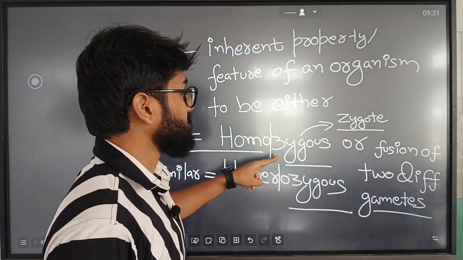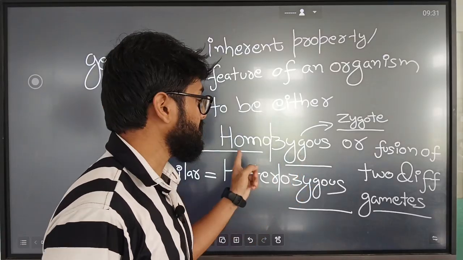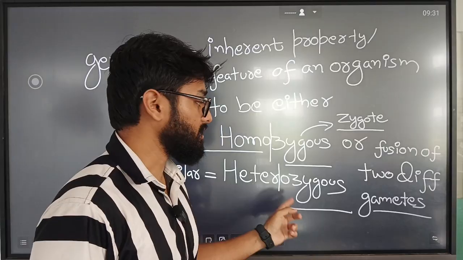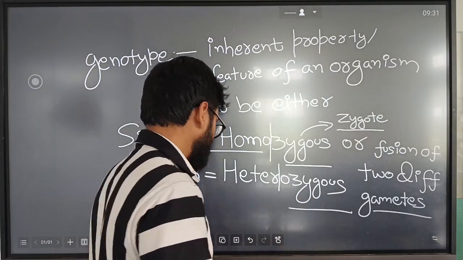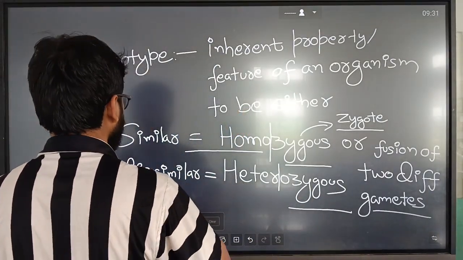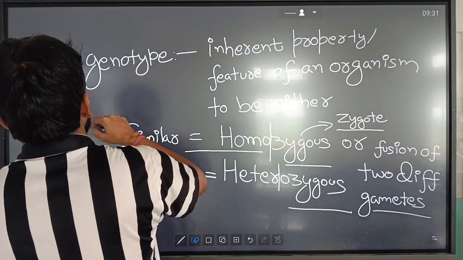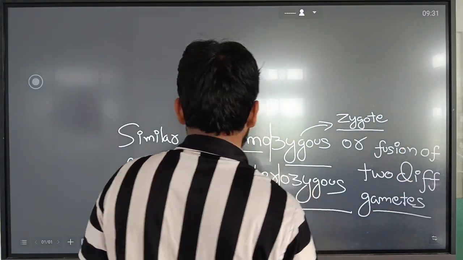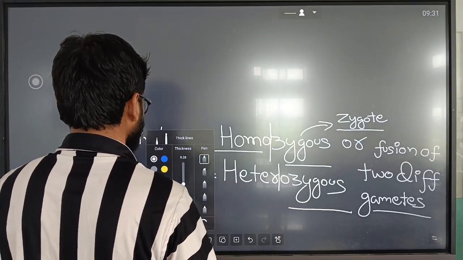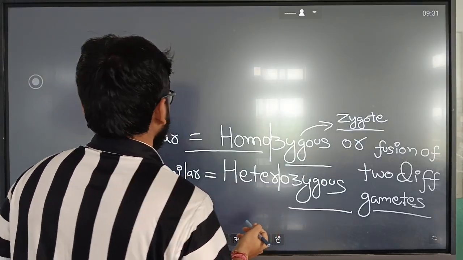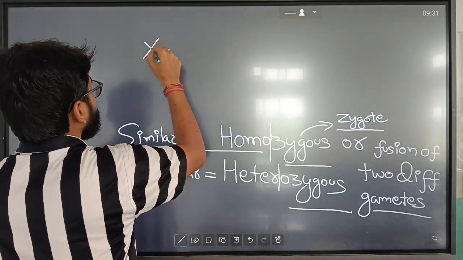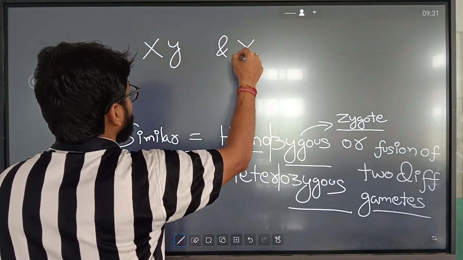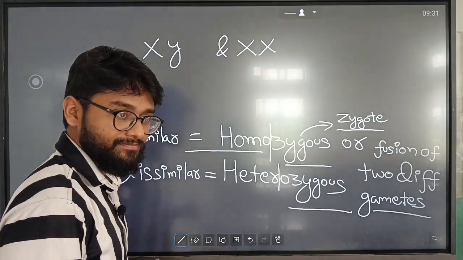So if they possess the same type, then we call them homozygous. If they possess a different type, then we call it heterozygous. For a very good example, let me show it to you. For example, we males are XY and the females are XX, correct?